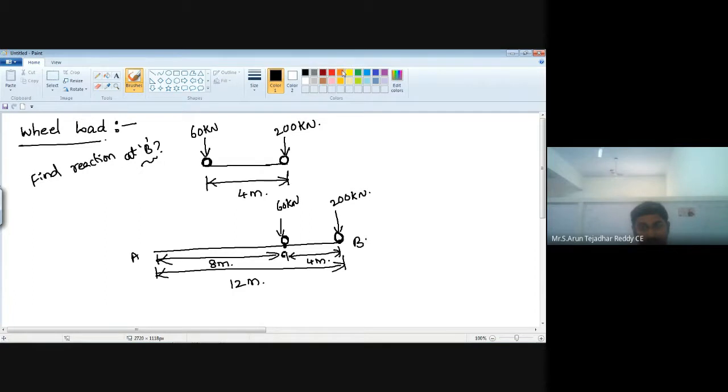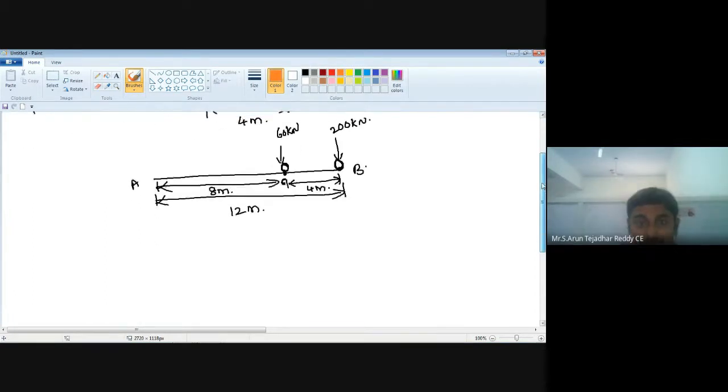Now what is the first step? First step is to draw the influence line diagram for the given diagram. Reaction at B, calculate reaction at B. It means we'll get maximum intensity or maximum ordinate at point B only.